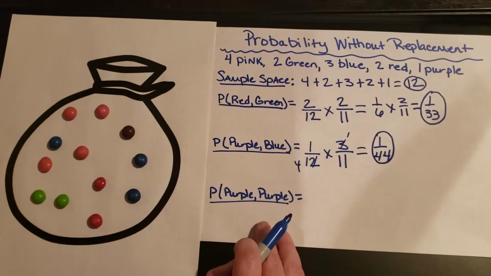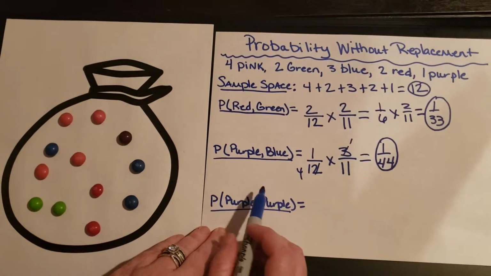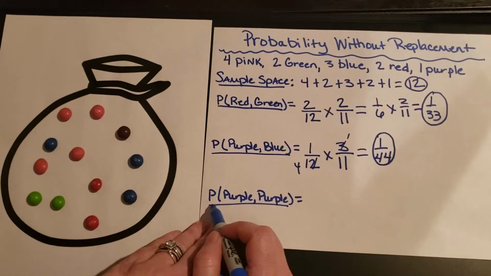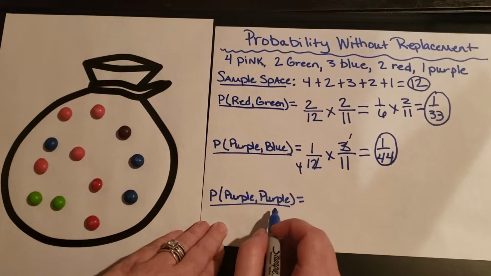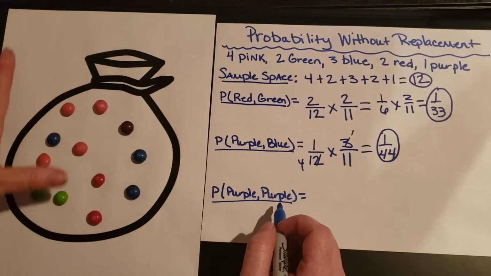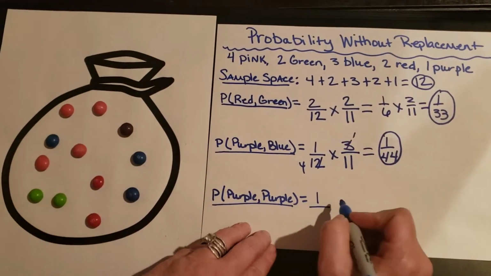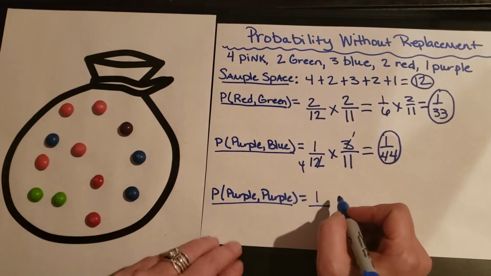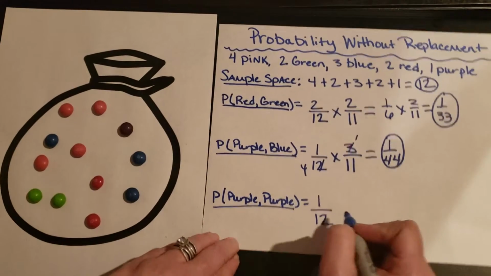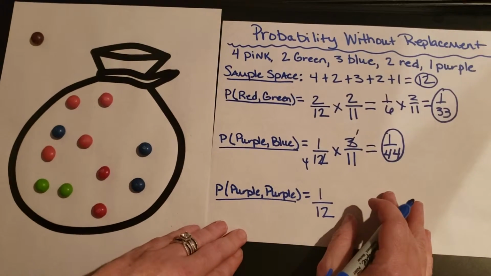I'm going to do one last example. On this example we're going to try to find the probability of purple and then another purple. We see we have one purple, so we're going to put one here, and then we have a total of 12 in the bag, so we put 12 here. We take out one purple.